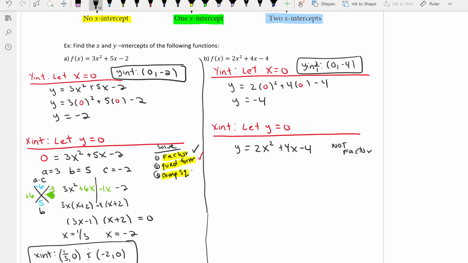So using the quadratic formula, I know that equation is going to be negative b plus or minus the square root of b squared minus 4ac, all over 2a.